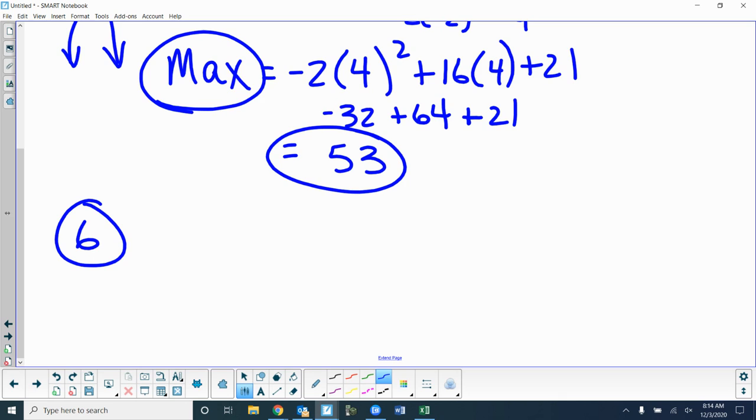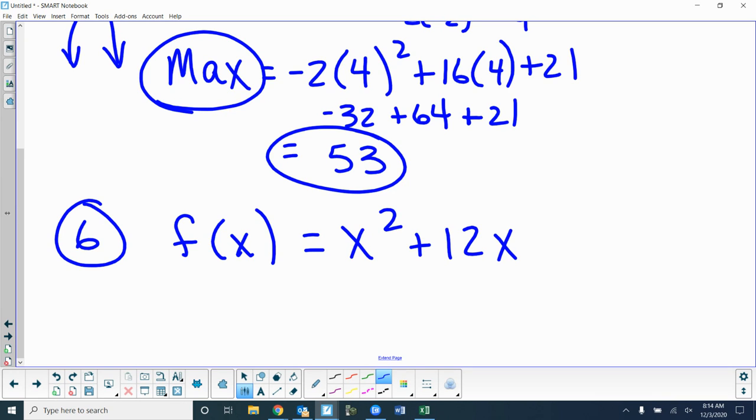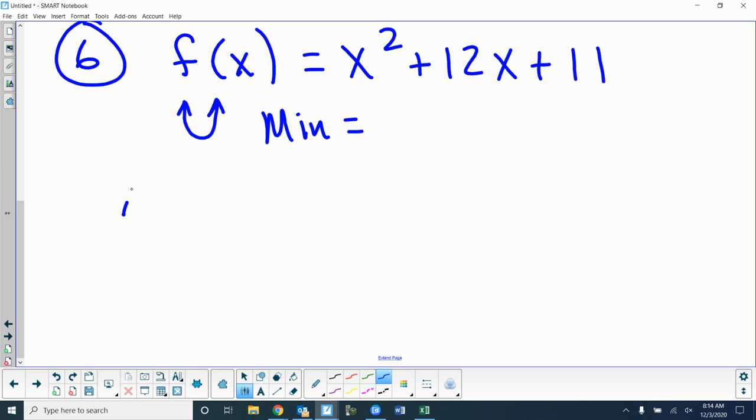Number 6. Zion, am I looking for a min or a max for number 6? Min, good. This opens up because my a is positive, so it's a min. All right. I got to figure out the axis of symmetry first. Negative b over 2a, which is negative 6.